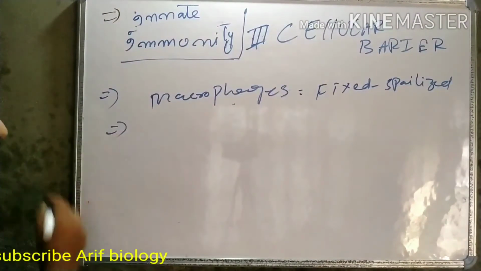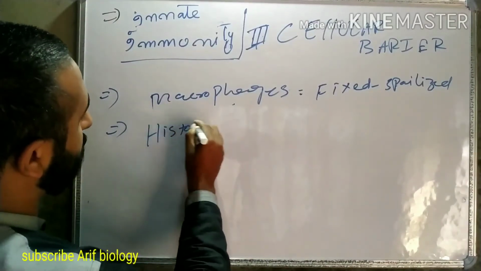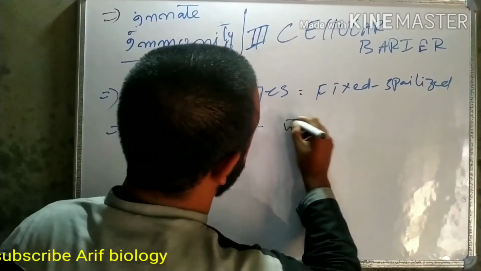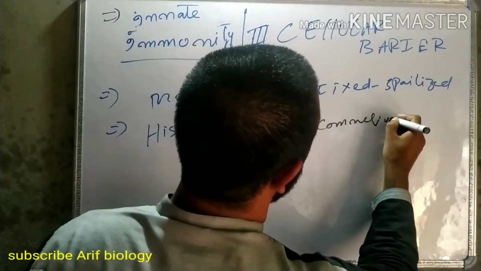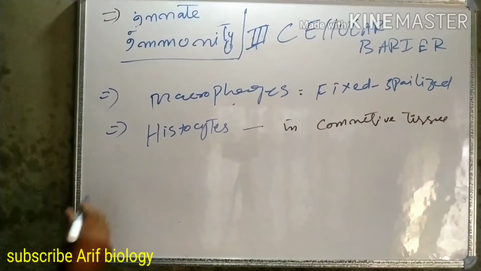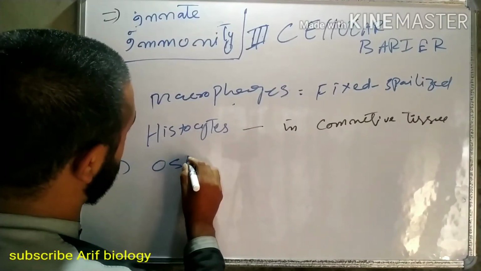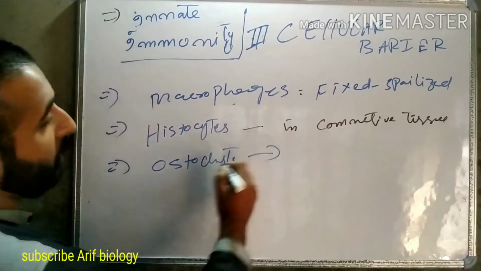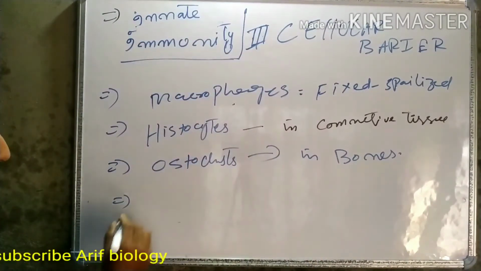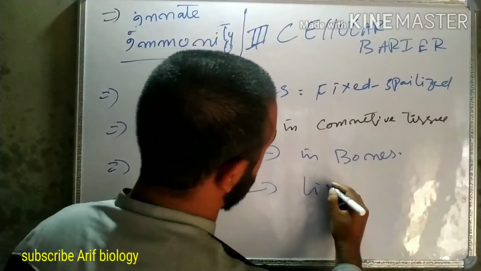For example, histiocytes. Histiocytes are present in connective tissue. Apart from histiocytes, there are osteoclasts. Osteoclasts are in bones, or we have Kupffer cells. Kupffer cells are in liver.